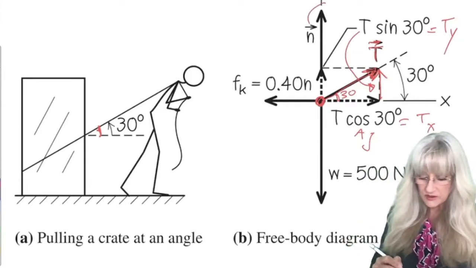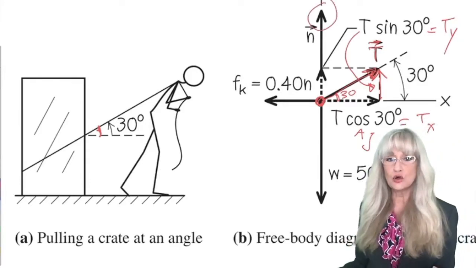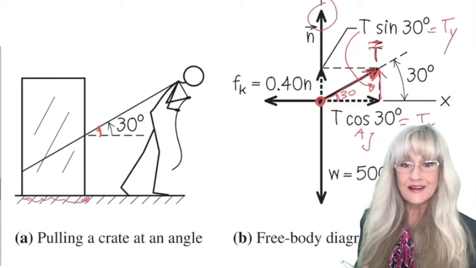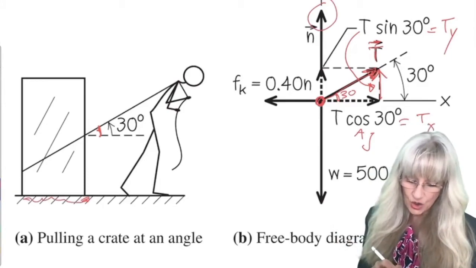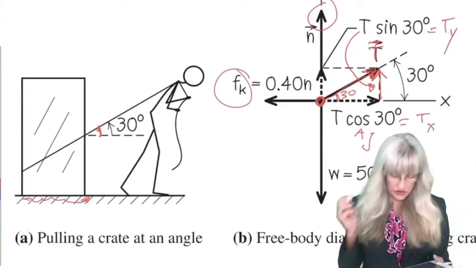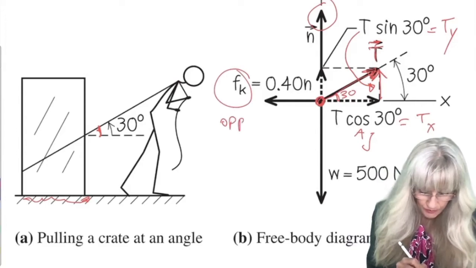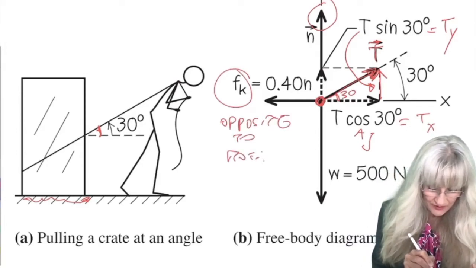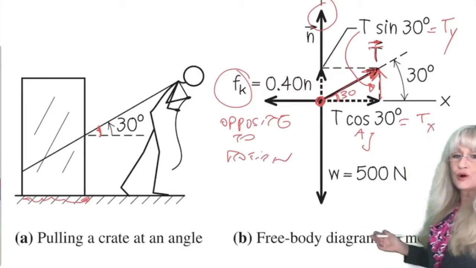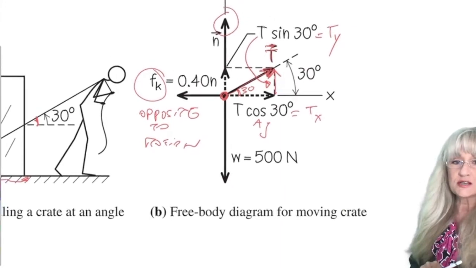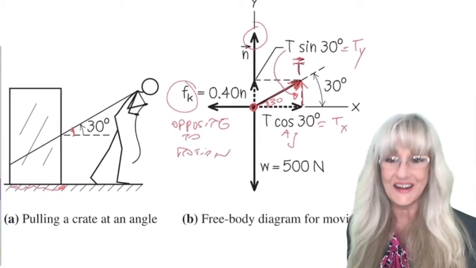Perpendicular to the surface, you already know, is the normal force, and right here you can see again the kinetic frictional force, always opposite to motion. So this is a great free body diagram for a moving object, in this case a moving crate.